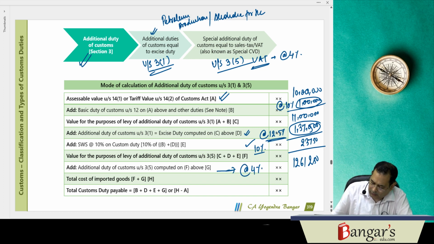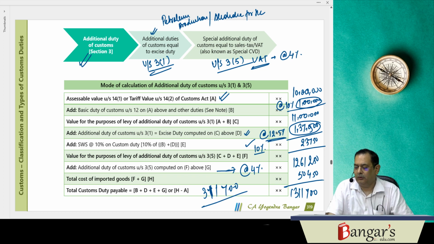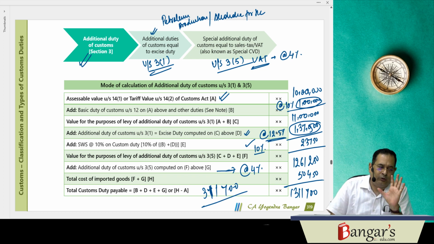On this, additional duty of customs is levied equivalent to VAT at the rate of 4%, that is 50,450. Now this gives you the total cost of imported goods, 13,11,700, and total custom duty is 3,11,700. So this way, earlier the duties were levied.